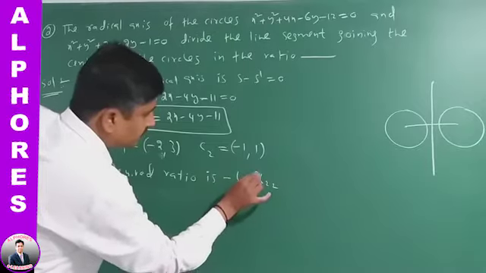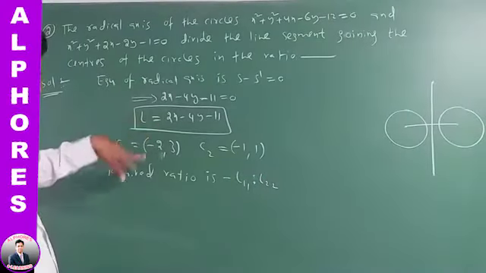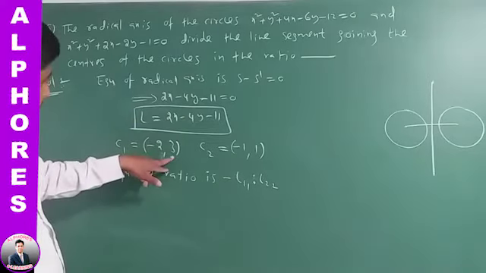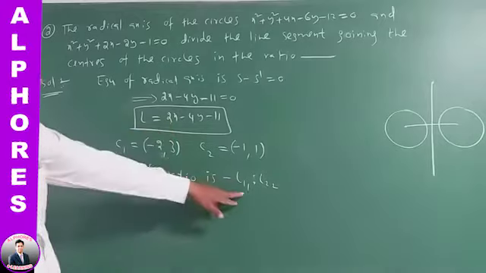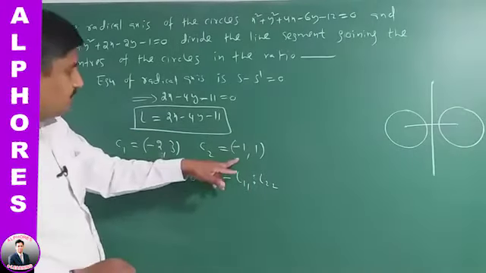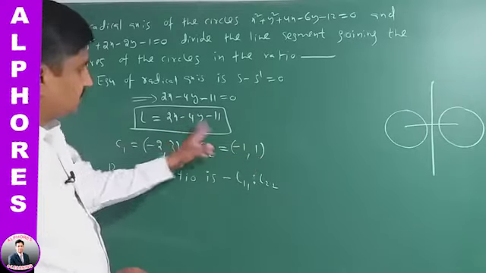Here L11 means the point (minus 2, 3) substituted in this line equation. Next, L22 means the point (minus 1, 1) substituted in this equation.